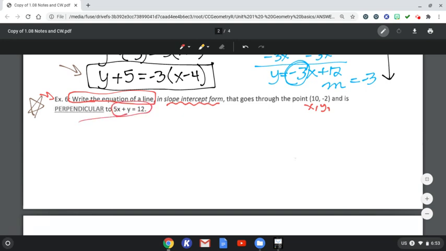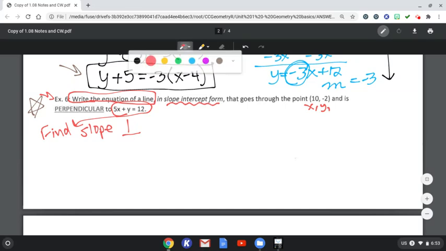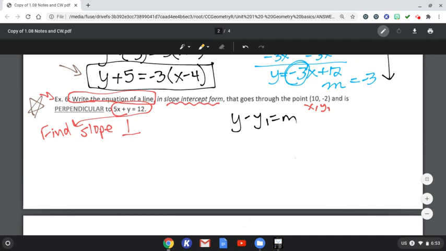So the first thing we need to do is find the slope, perpendicular. Because to go into our equation of a line, y minus y1 equals m times x minus x1, we have the x1, y1, but we need that slope. And in this case, we need the slope perpendicular that goes into here.